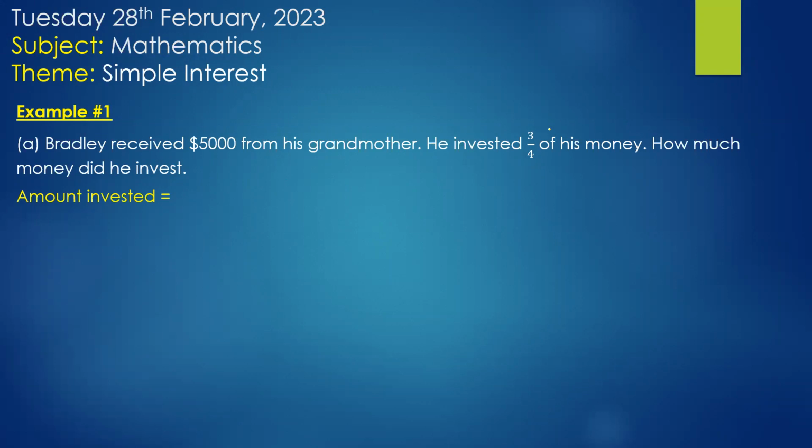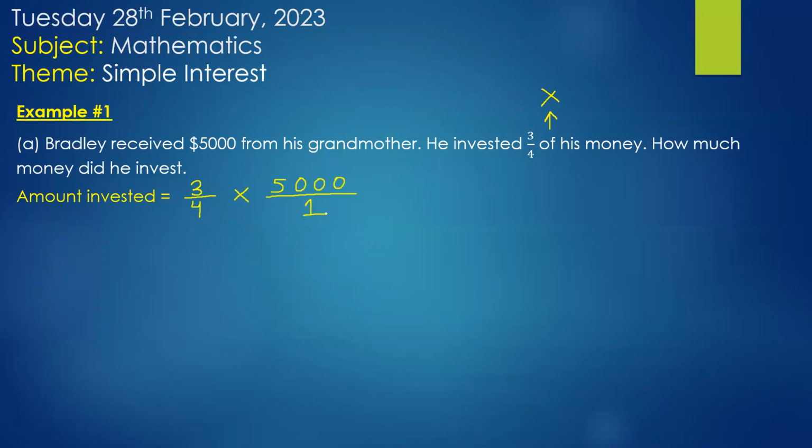So we have to multiply 3 over 4 by 5,000, and 5,000 over 1. The reason we put it over 1 is because it's a whole number, and we can write a whole number as a fraction simply by putting that whole number over 1.